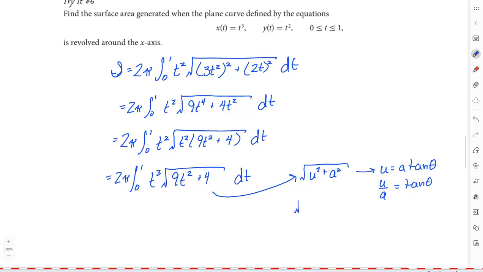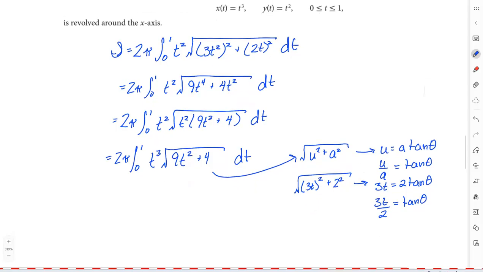So in this case, we're looking at 9t squared, which is 3t quantity squared, plus 2 squared. So my u is 3t, and that's going to be equal to a, which is 2, tangent of theta. So 3t over 2 is equal to the tangent of theta.